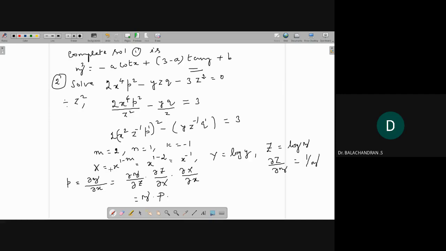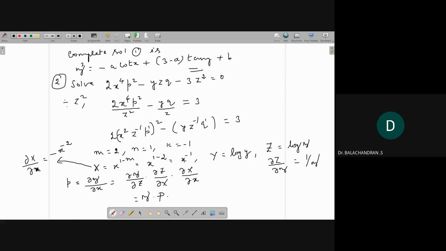And from this, what is dou capital X by dou small x? Capital X is equal to x power -1. If you differentiate, you get minus 1 by x square, or minus x power minus 2.